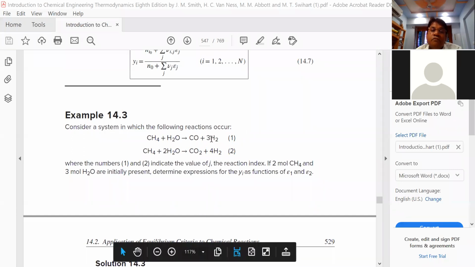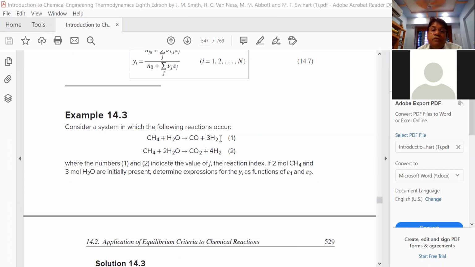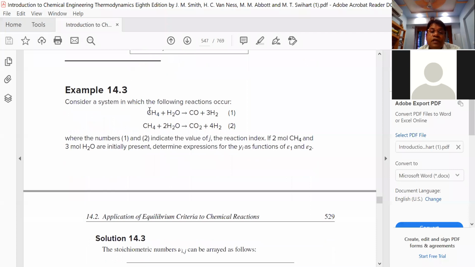It is very essential in the production of ammonia, and for the production of ammonia, normally we get hydrogen from natural gas. So natural gas, that is methane, reacts with steam. It produces carbon monoxide and hydrogen. In another reaction, known as the water gas shift reaction, methane plus steam can also produce carbon dioxide plus hydrogen. So these two reactions are occurring simultaneously.